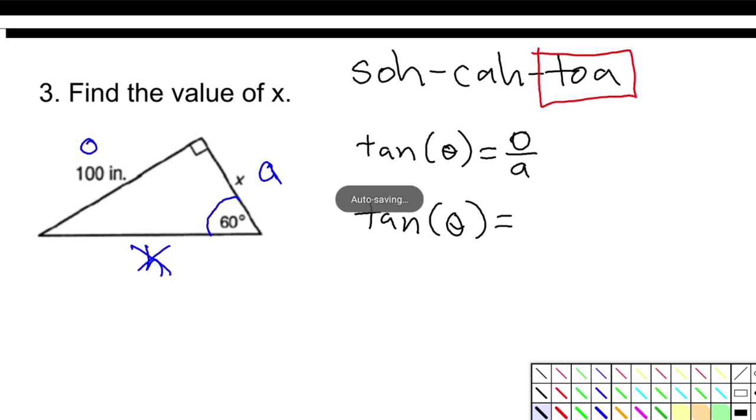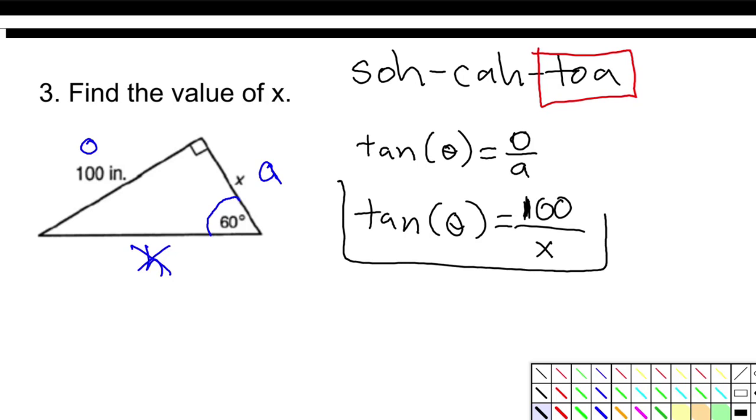So that's 100 over 100 divided by x. Perfect. And again, if you can get this far, you're basically done because we are going to use our friend GeoGebra to solve this for us. So we're going to say, GeoGebra, can you solve this equation for me that I just wrote?